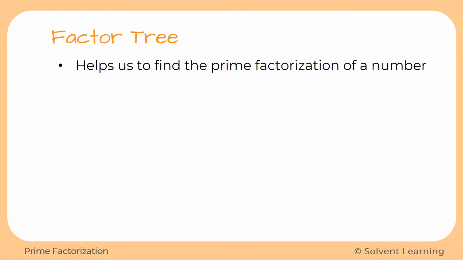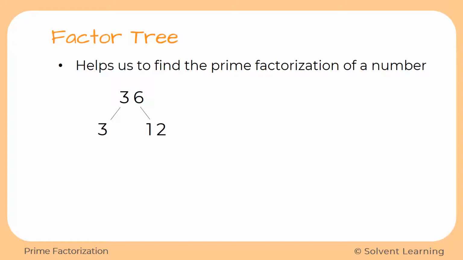So, how can we figure out the prime factorization form of a number? We can use what's called a factor tree. Here's how a factor tree works. Let's say we want to find the prime factorization of the number 36. The first thing that we're going to do is think of any two numbers that will multiply to give us 36.